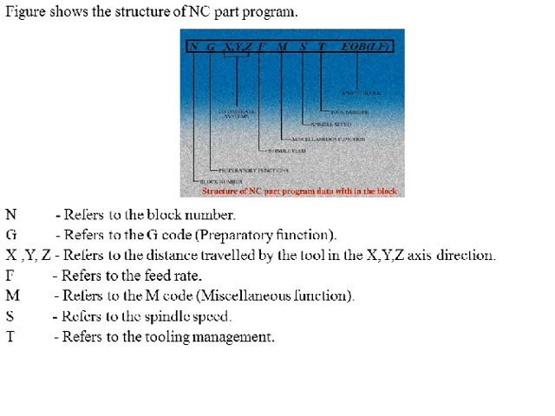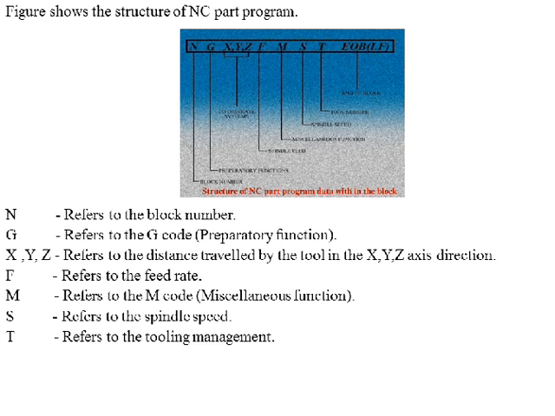Here we can see the structure of an NC part program. The figure shows the structure of an NC part program. In the figure we can see that all the addresses are appearing as I discussed: N, G, X, Y, Z, F, M, S, T. We can see a block consisting of all these addresses.